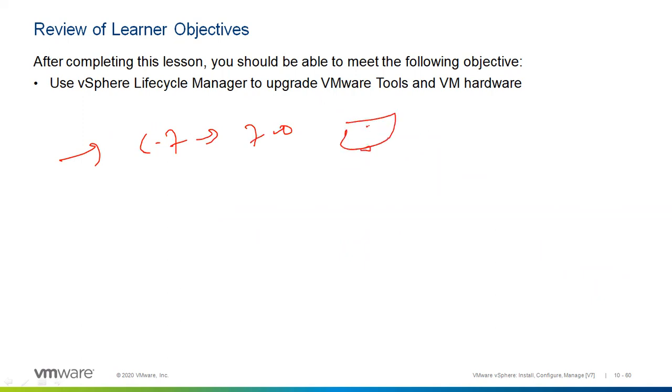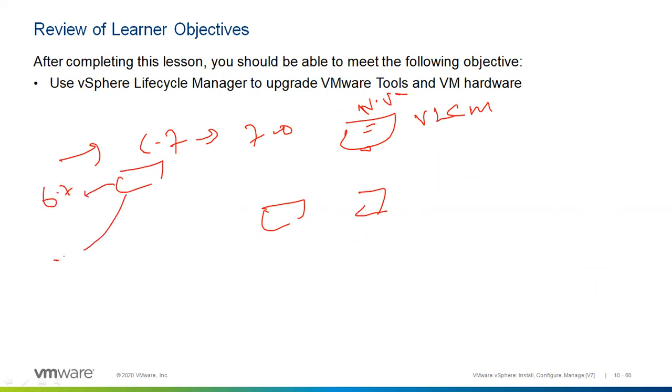Then from this new vCenter server, use VLCM to upgrade your ESXi hosts, not the older one, because the older one is 6.7, and upgrading your ESXi host to 7.0 from it is never allowed. You will only do this upgrade activity from the new vCenter server. All right, then you can upgrade.